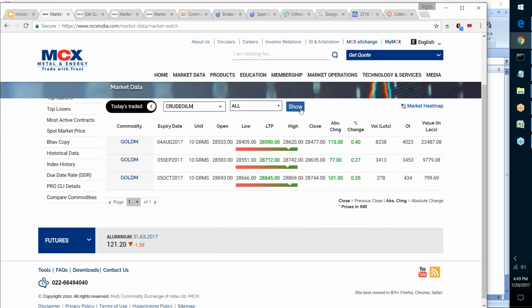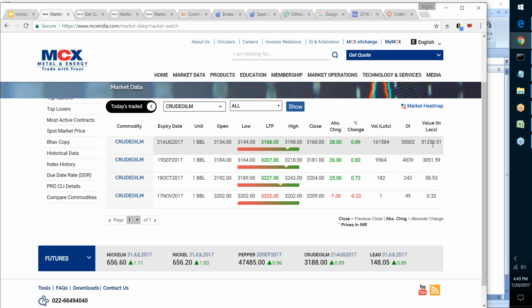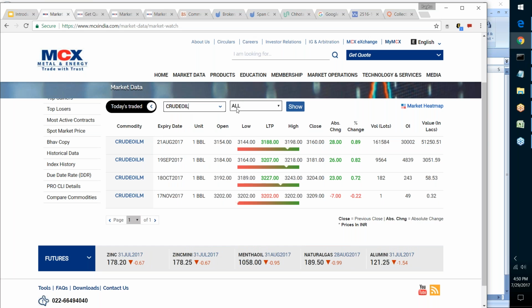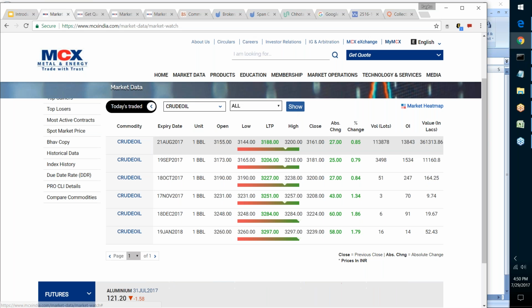If you look at the number of contracts traded, it's decent. It's actually very good, but the value is not that much. So once you start trading larger amounts, it might make sense to trade crude oil, because if I look at crude oil here, you can see that there's just a lot more volume being done in terms of value.